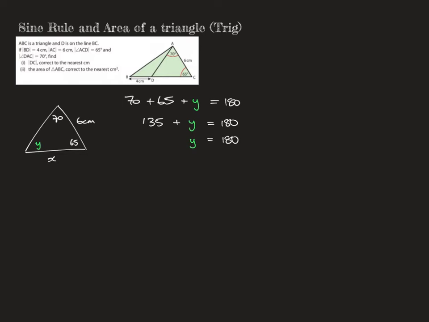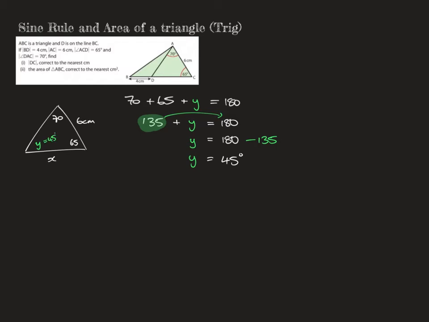So 180, and I'm going to bring this 135 from the left hand side across the equal sign, and if I move a term across, it changes from a positive to a negative, so that'll be negative 135. So the y value in this case will be equal to 45 degrees. I'm going to put that in there because I'll need that.